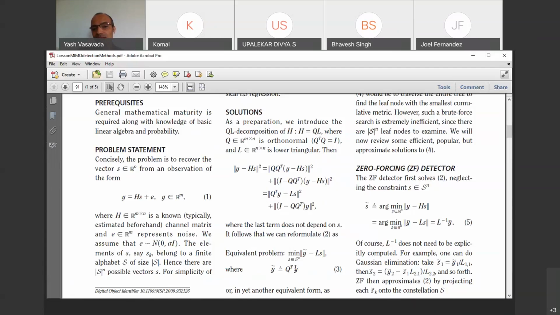I'll give you a hint about how to go from the left-hand side to the right-hand side of this first line. What the author is doing is calculating the length of this error vector, y minus hs. Because the squared norm of y minus hs is nothing but, as you know, the length of this vector y minus hs, which we can call the error vector.